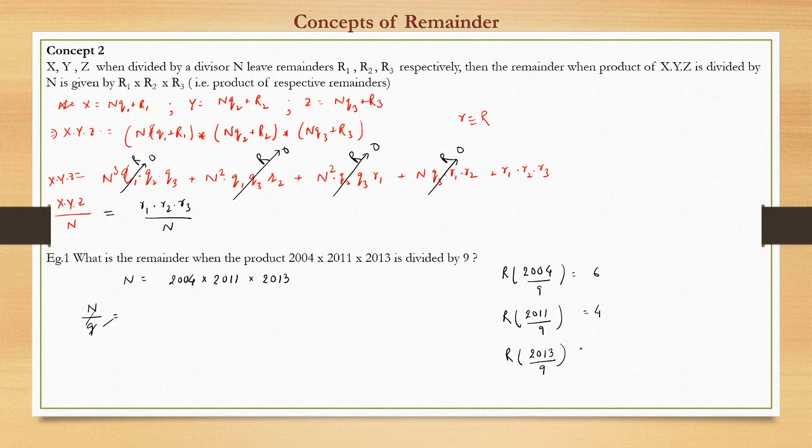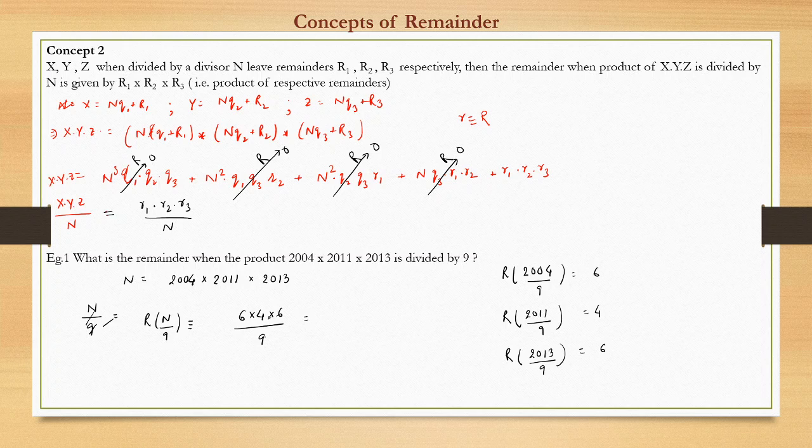Here 201113 gives 6. So this is the individual remainder. So rather than multiplying this, the remainder of n by 9 would be nothing but 6 into 4 into 6 by 9.